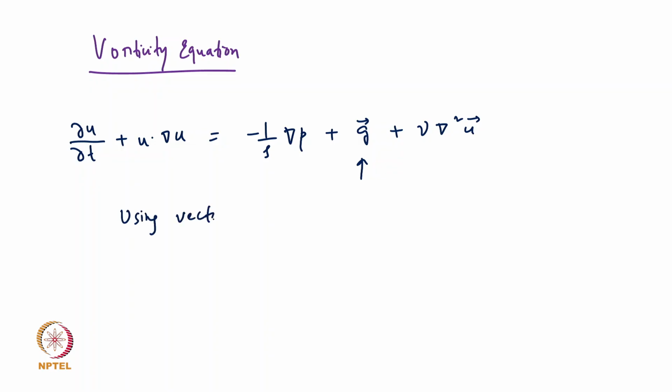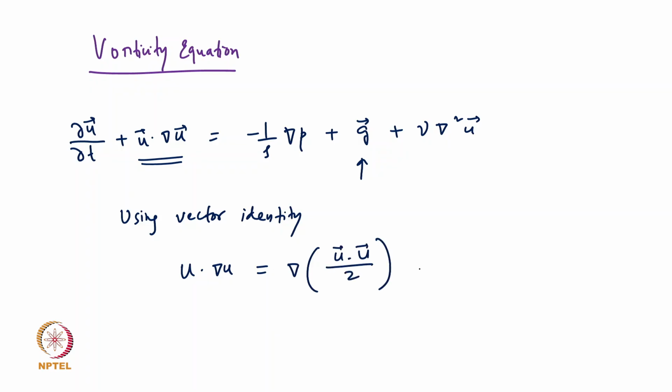We'll use some vector identities. The nonlinear term u dot del u can be expanded in this form, and we take the curl of the momentum equation.